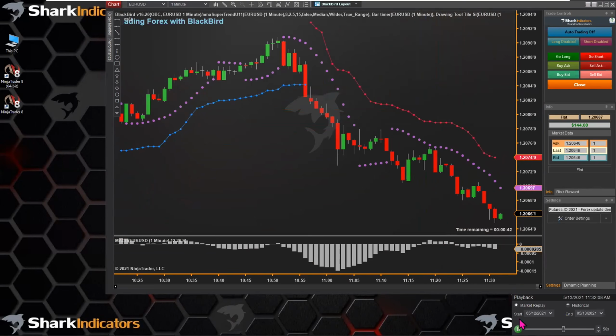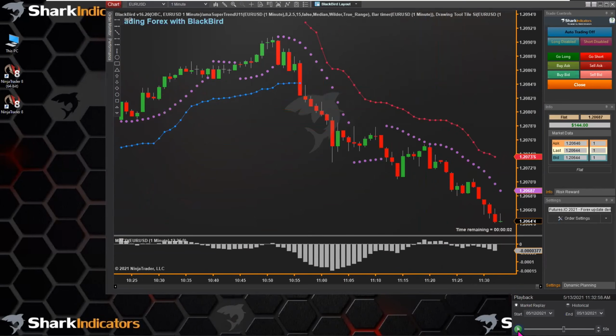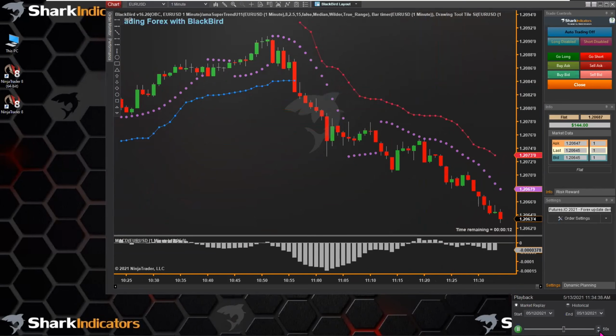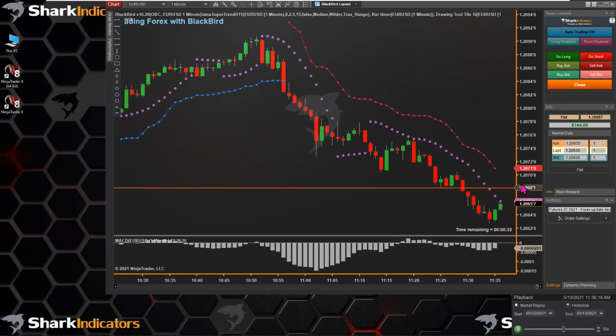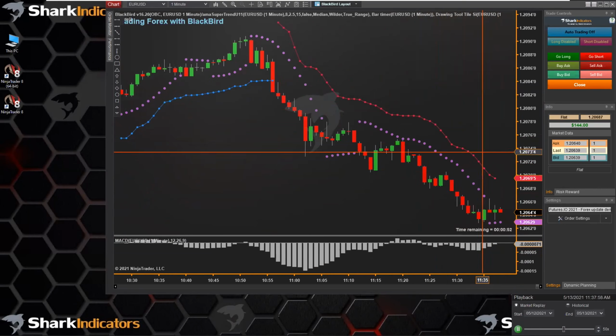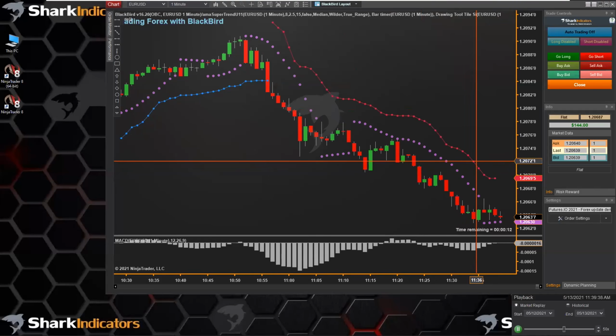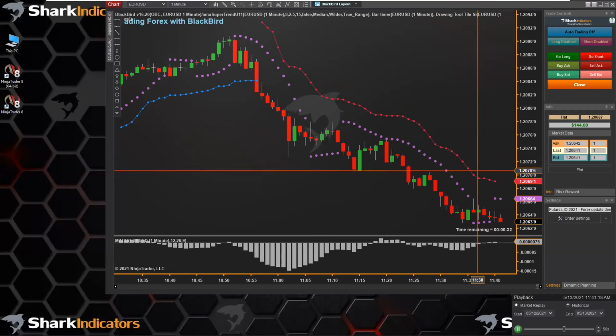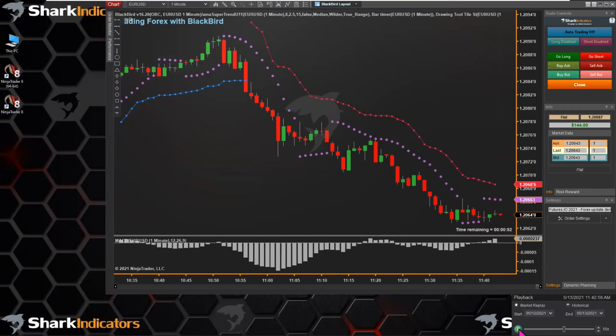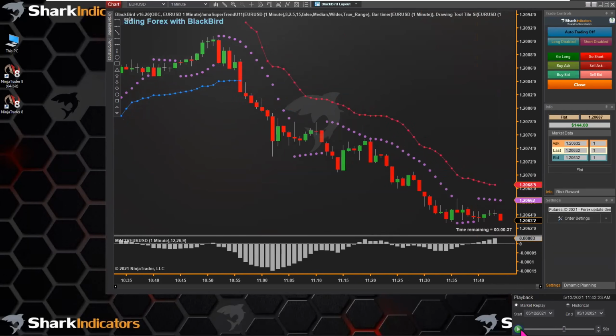But more importantly, if price does close on the other side of the super trend, to make sure that the trade is flattened immediately. That way, you're not taking that full stop loss, right? You want to cut that loss down as much as possible there.